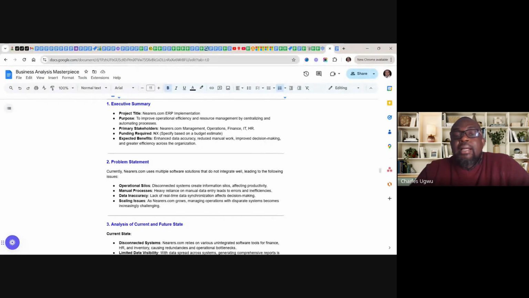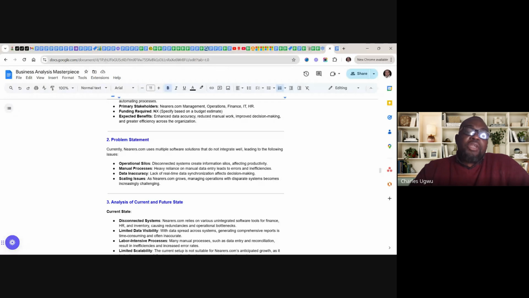Very clear executive summary. Then, what is the problem statement? Currently, neras.com uses multiple software solutions that do not integrate well, leading to the following: operational silos. Disconnected systems create information silos, affecting productivity.